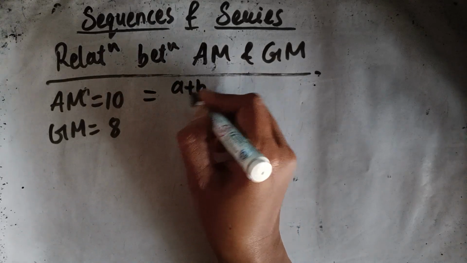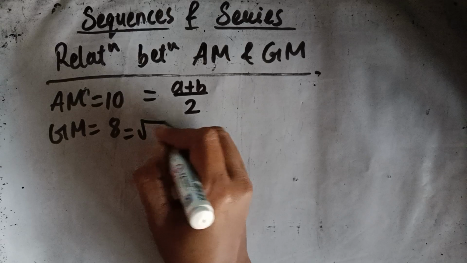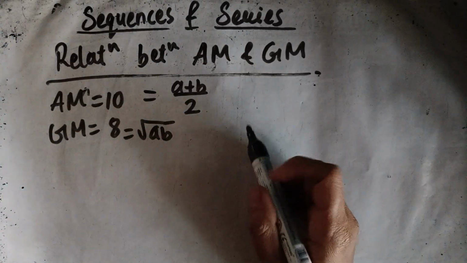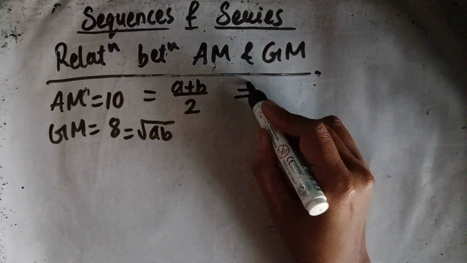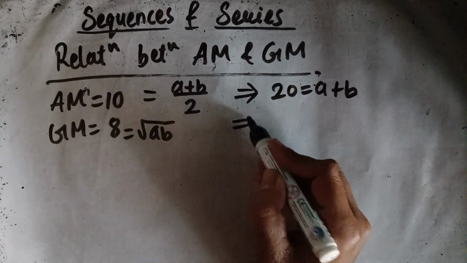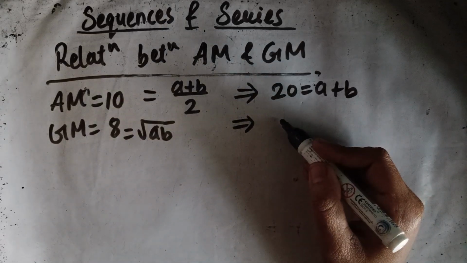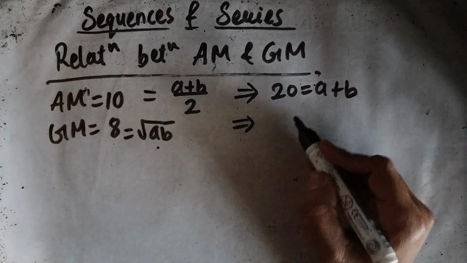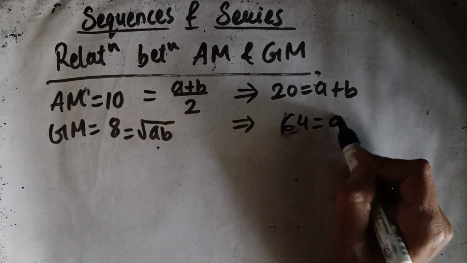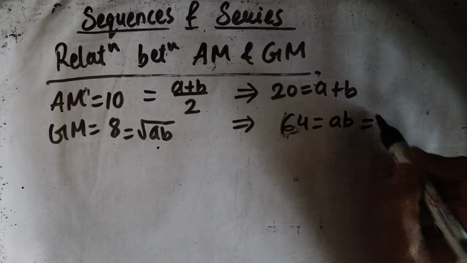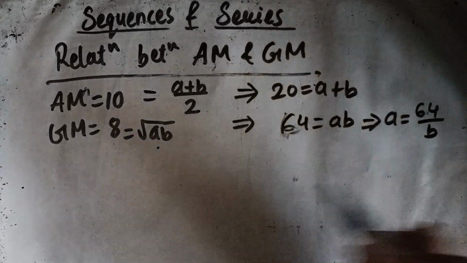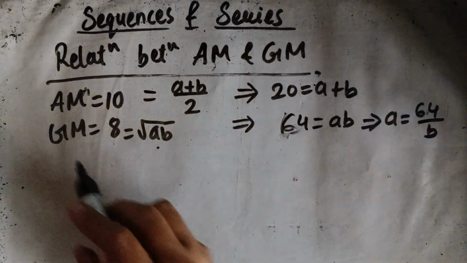This is our (a plus b) by 2 and this is root of ab. So from this we can write 20 is equal to a plus b, and squaring both sides of the other we get 64 is equal to ab. So we can substitute a as 64 upon b in the first equation.